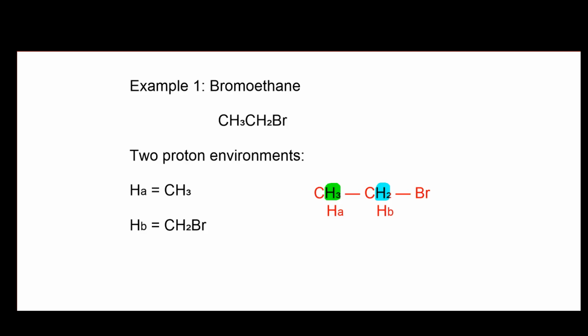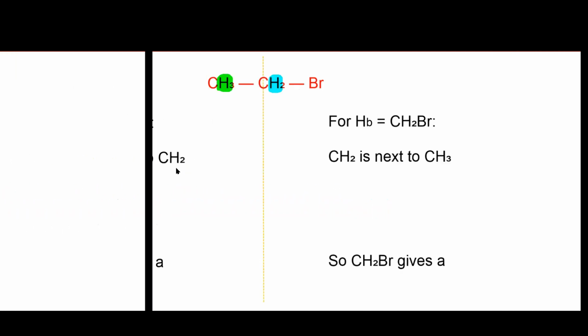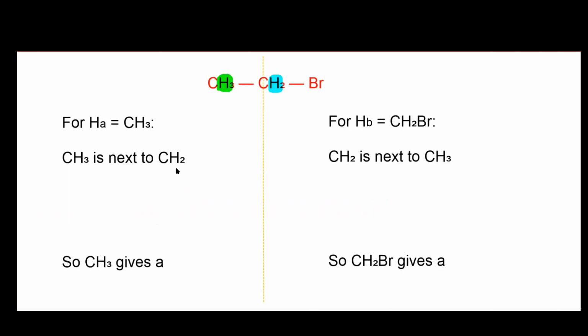CH₃CH₂Br. There are 2 proton environments, the CH3 group and the CH₂Br group. The CH3 signal is split by the 2 hydrogens on the neighboring CH2. So n equals 2, and since number of lines equals n+1, n+1 equals 3.